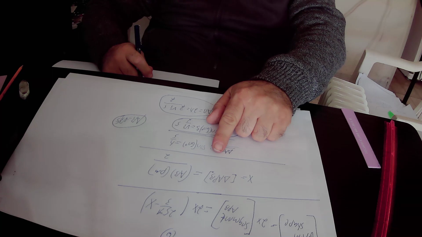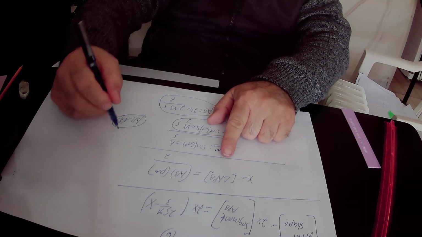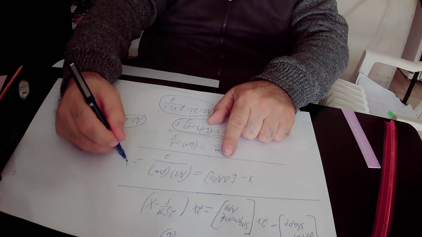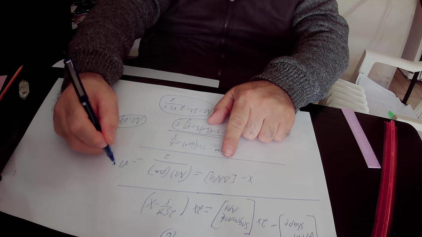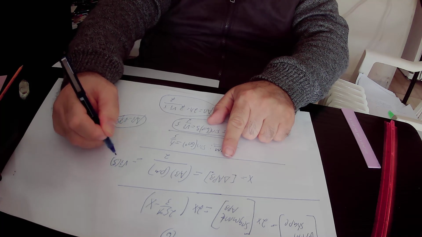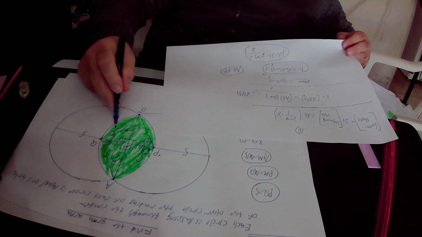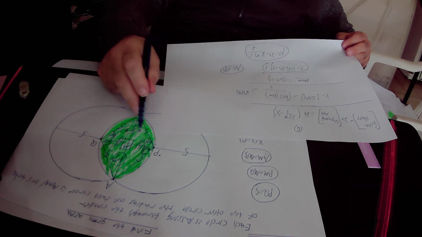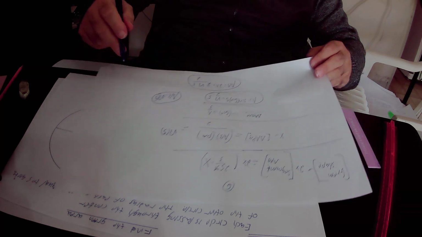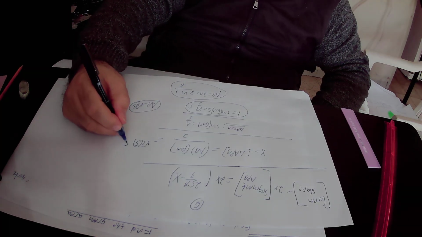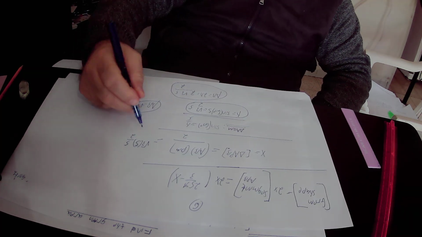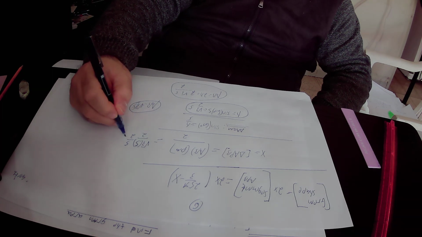So here the area of triangle APB will be equal to AB, that is square root of 3 times 5, times PM. PM equals 5 over 2 units, all divided by 2.